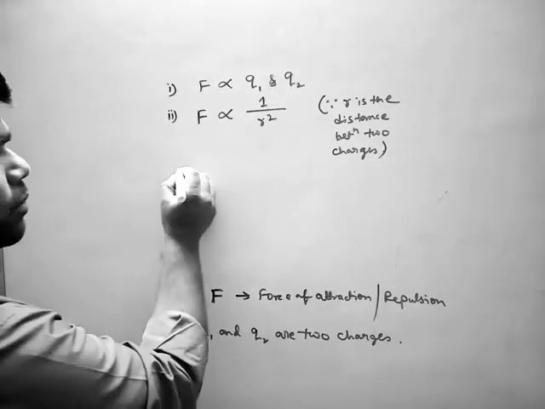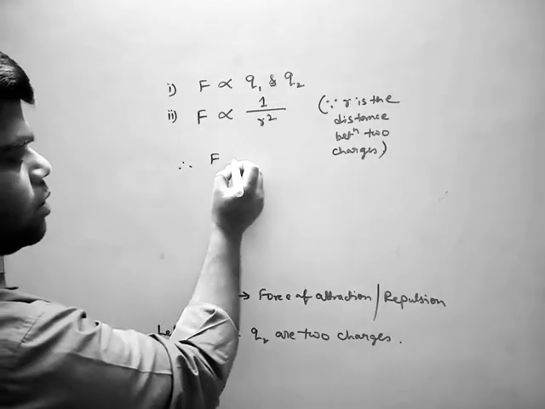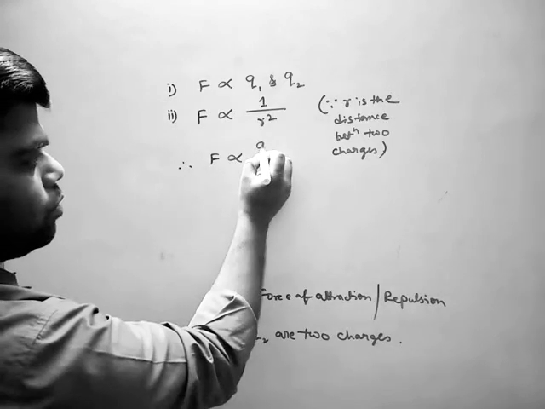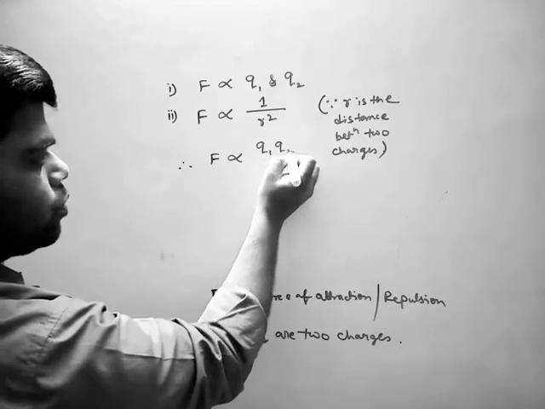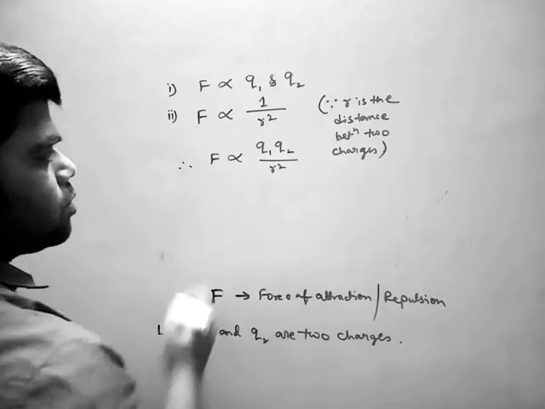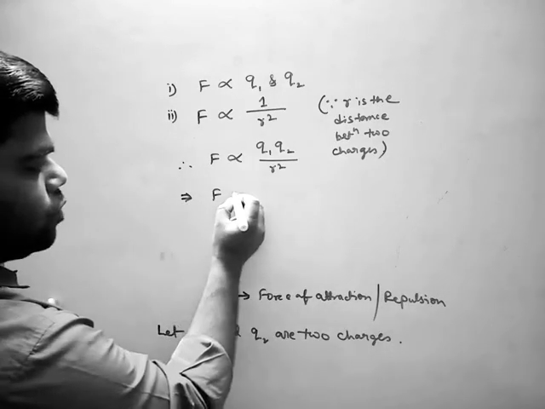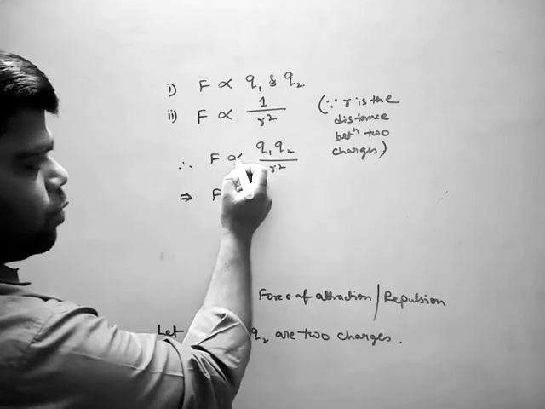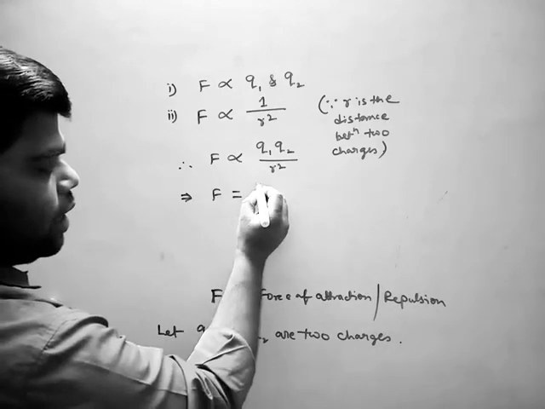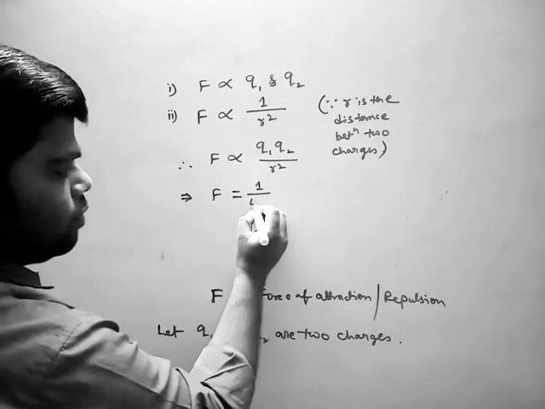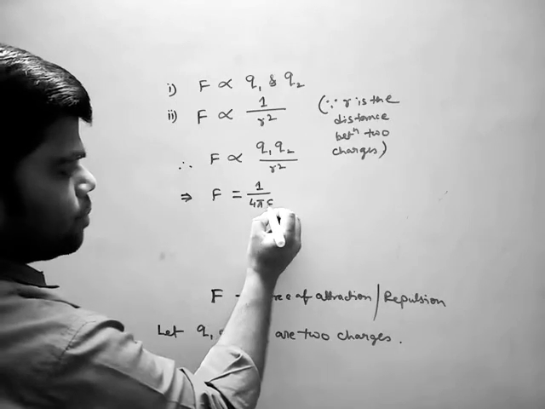Combine them, therefore F is proportional to Q1 Q2 by R square. The second step is the proportionality constant, and that is 1 by 4 pi epsilon naught.